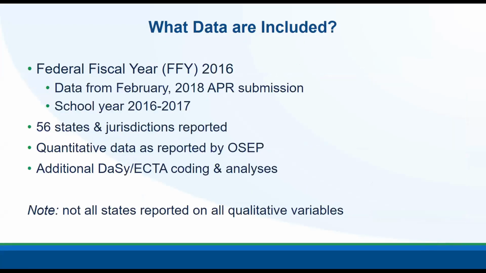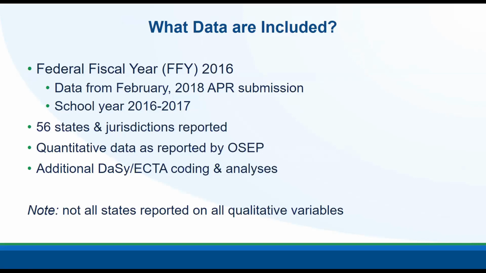So here's a little bit more detail about the data sources and the timeline of which data are included. These data are for federal fiscal year 2016, which states submitted in their February 2018 APR submission. Some states align their school year or their state fiscal year, which would be the 2016-2017 year.